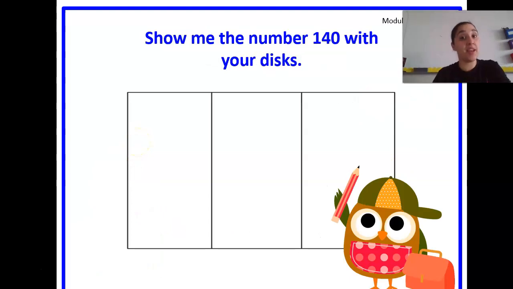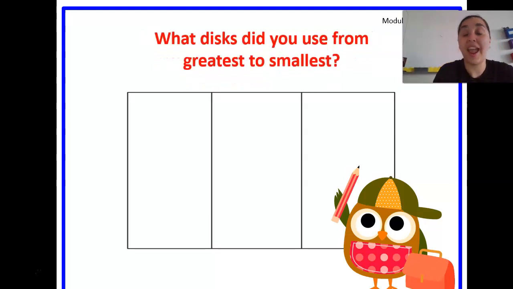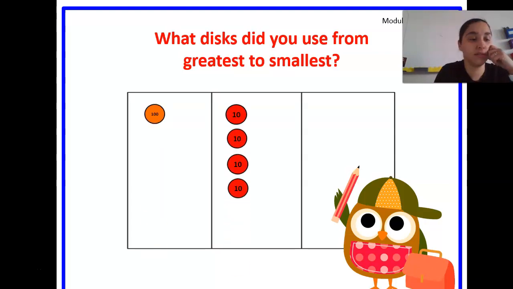Okay, boys and girls, ready for a new one? I want you to show me the number 140 with your discs. Remember, you're just looking. And I want you to think, what discs did you use from greatest to smallest? 1 hundred and 4 tens. Now, I want you to change 1 hundred for 10 tens.